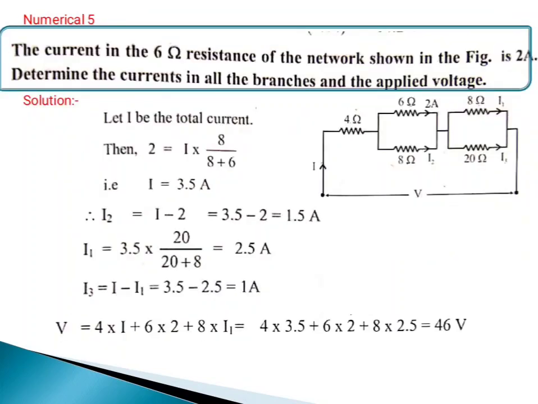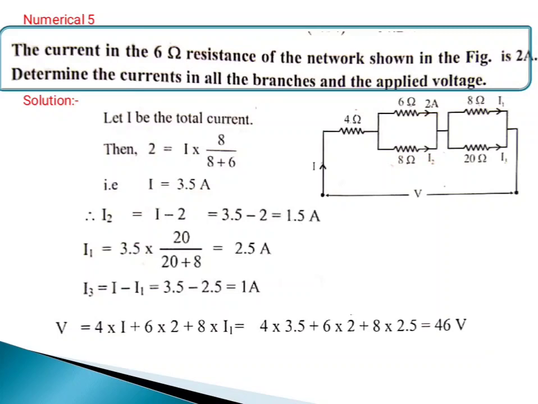Let us study only this particular path. If the total current is I, how are we going to calculate the branch current I2? Let me calculate I now.